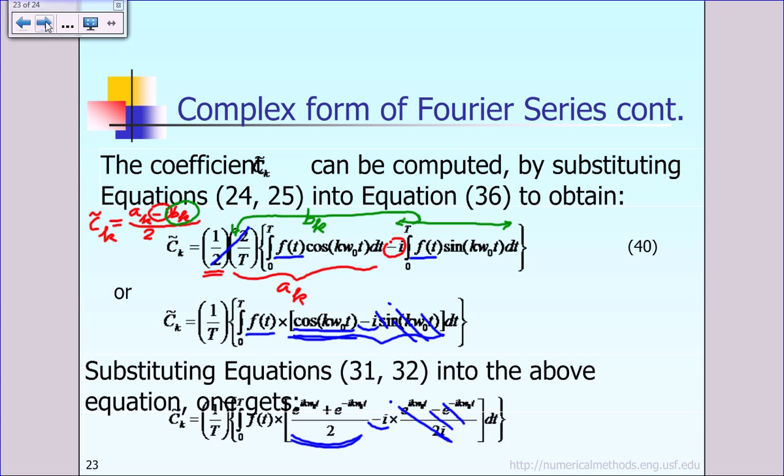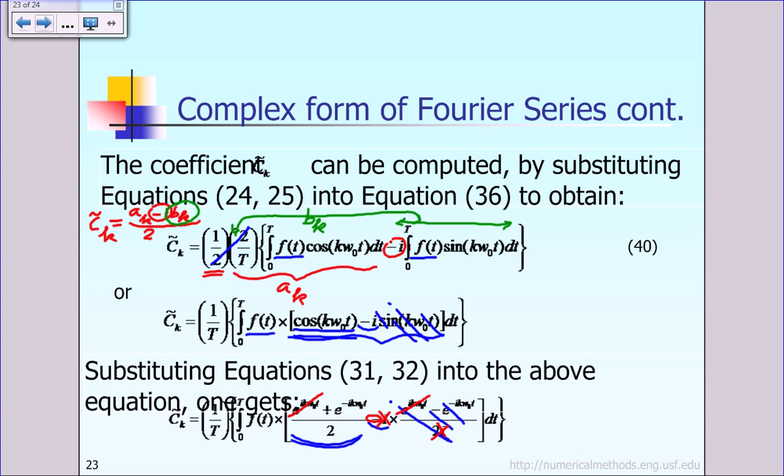And finally, you can see something else will cancel out, because here you have a term e raised to the power ik omega naught t, and then here you have minus e raised to the power ik omega naught t. So these two terms cancel out. And the reason is because you have a minus i, this i in here, cancels with this i in here.